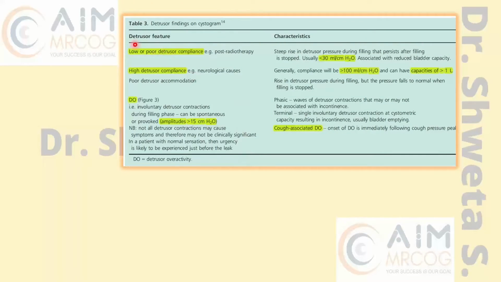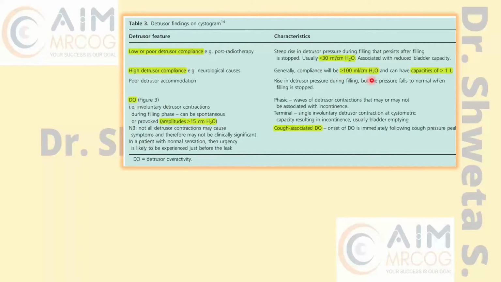Now, if you see detrusor features, what all you want to see, how is the compliance? Because compliance means how much the vesicle pressure is rising with change in the amount of fluid. If it is less than 30 ml leading to 1 centimeter change, it means low compliance.